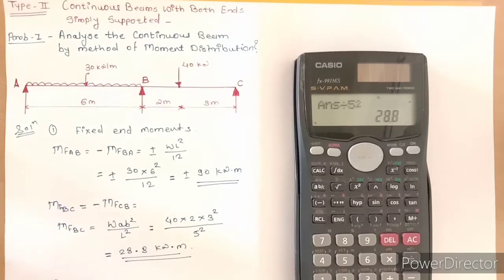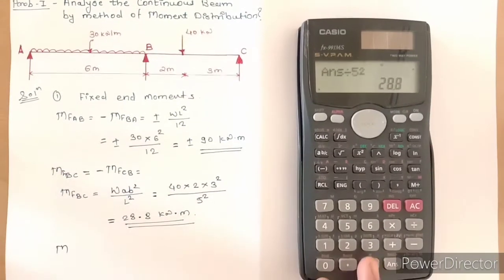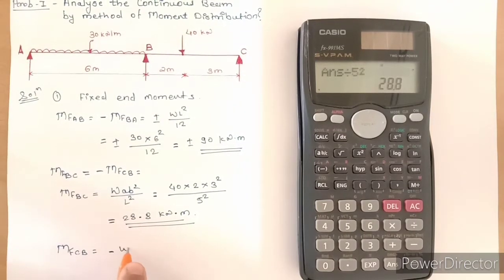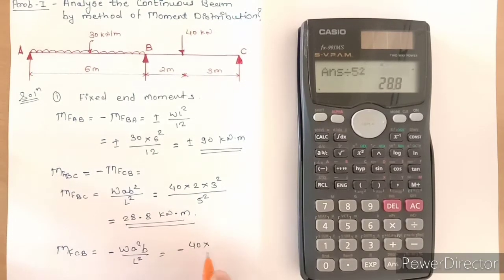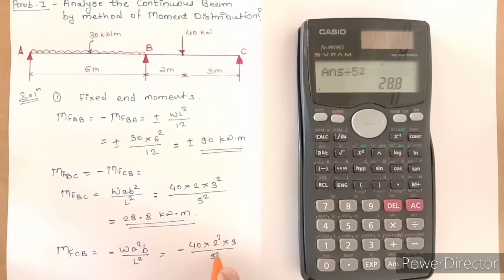And the last fixed end moment, for member CB, the formula is minus W A square B divided by L square. Here W is 40, multiplied by 2 square, multiplied by 3, divided by 5 square.